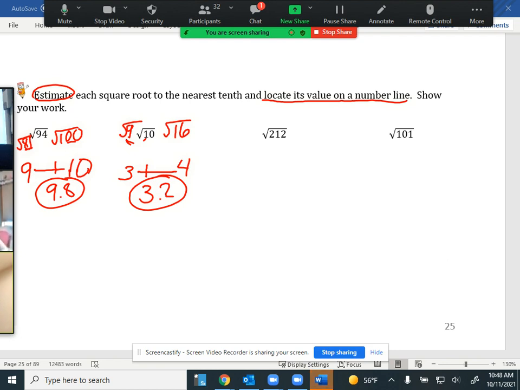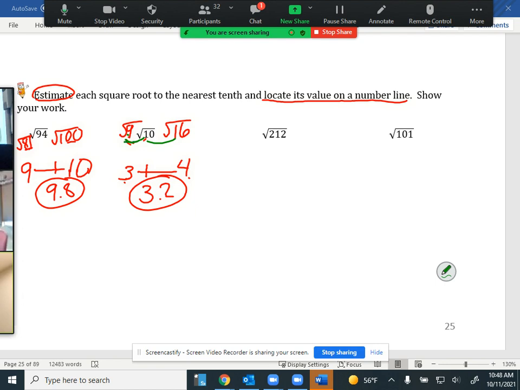I'm going to let you do the rest on your own. You do have page 26 also to work on. So remember, when it says locate its value on the number line, you're going to want to write it out, just like I did here. You can put your perfect squares next to it, so you can see whether it's closer to the left or closer to the right.